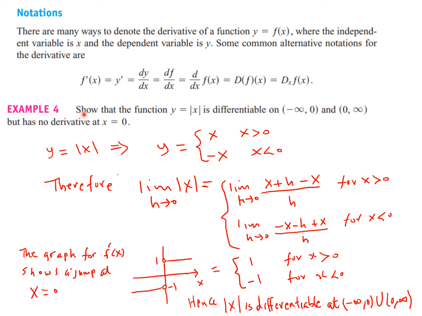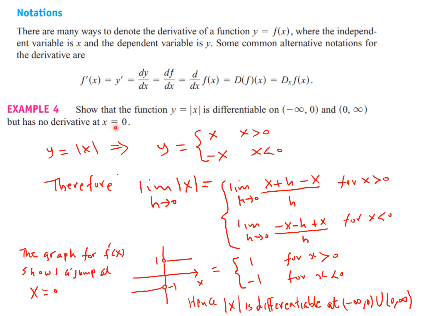Show that the function y equal to the absolute value of x is differentiable on the interval from negative infinity to 0, not including 0 or negative infinity, and from 0 to positive infinity, not including 0 and positive infinity, but has no derivative at x equals 0.